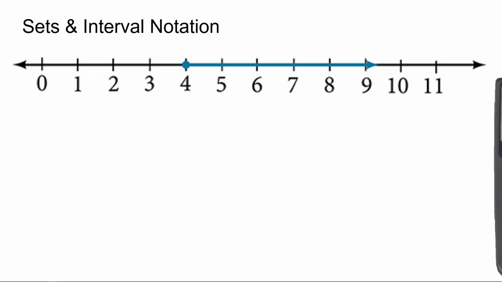Looking at this one right here, you can see that the blue line is everything from 4 right there all the way up, and that little arrowhead indicates that this keeps going forever. So that blue arrow says 4 and everything bigger.